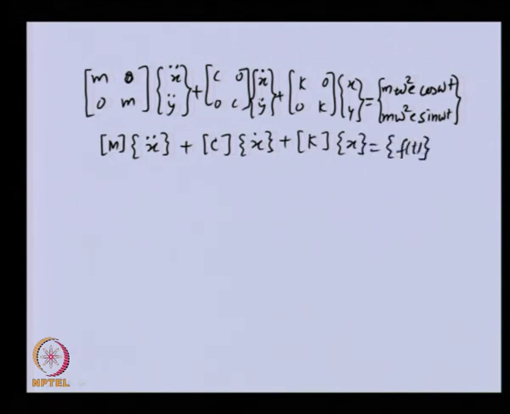This is a force vector. So, first one is the mass matrix, then we have the damping matrix, and then we have the stiffness matrix, and these are the inertia, velocity, displacement, and this is the external force. Now, this particular force vector, let us simplify. So, I am writing this particular vector separately.